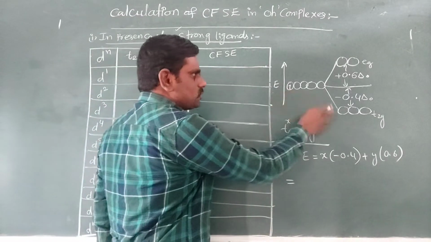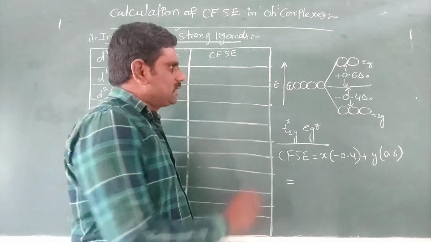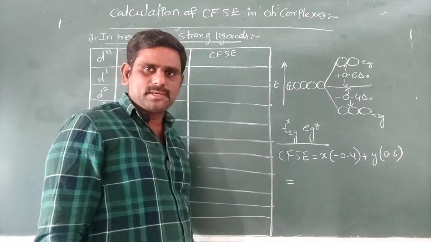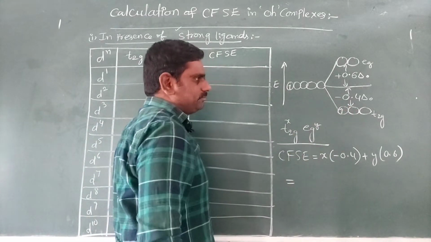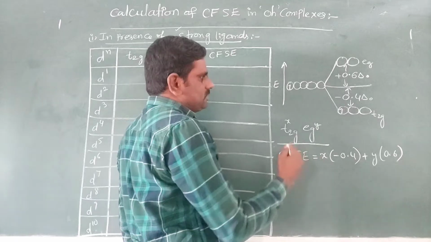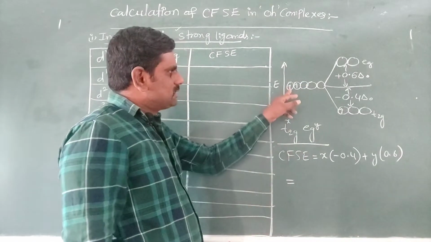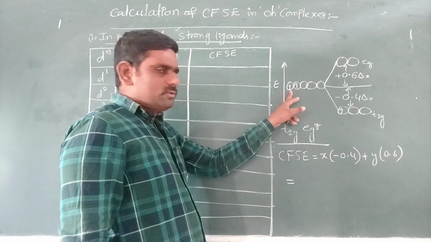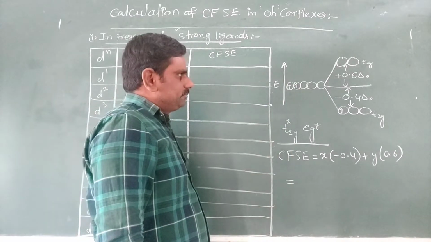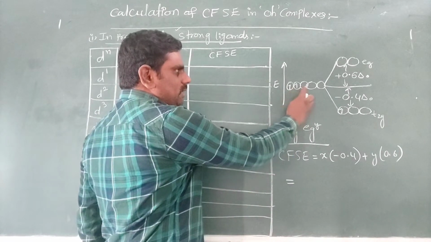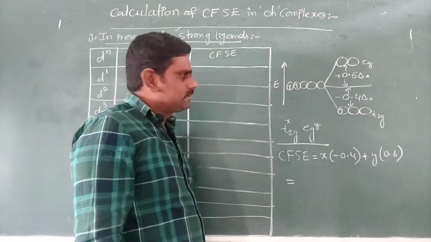D1 configuration means one electron is present here. So which orbital does the electron go to? According to the Aufbau principle, an electron always occupies the lower energy orbital first. So the electron goes to a t2g orbital. If it is a D2 system, two electrons are there. According to Hund's rule, electrons pair up only after one electron each has been filled in a set of degenerate orbitals.